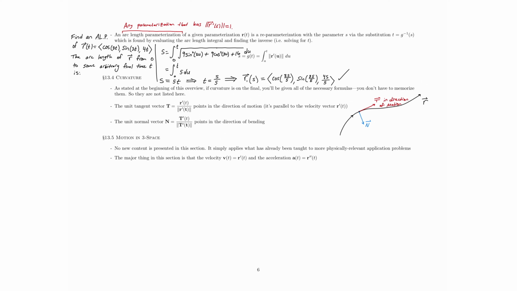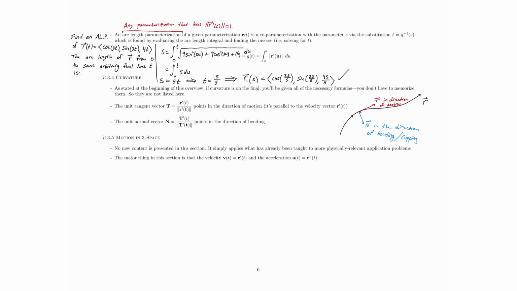The unit normal is in the direction of bending, or cupping. Sometimes in 2 dimensions it's easier to think of this as cupping inward this way, like you're taking your hands and bending it inward. If it's like a rod, you'd have to bend it this way inward. So that's your unit normal right there. These two will always be at a right angle.